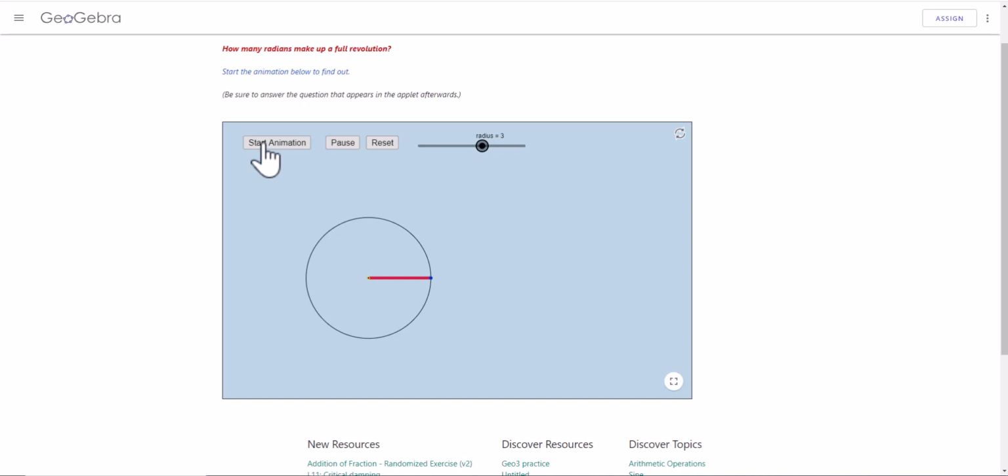Let's find out. Now, I know I paused it right in the middle, but I want you to see the radian is using the length of the radius to move around the circle.